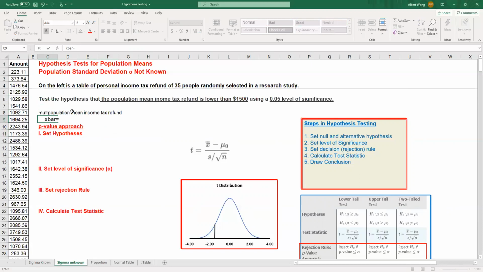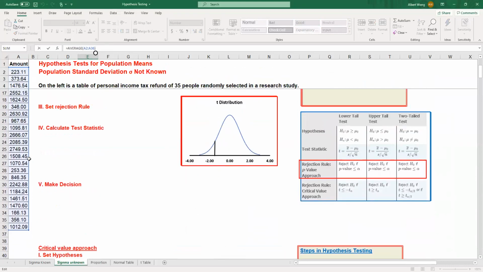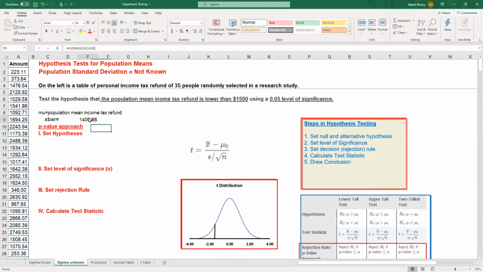The sample mean can be calculated from the data using the average function, A2 to A36. Let me put an equal sign in front of it, and it is calculated. That's the average.